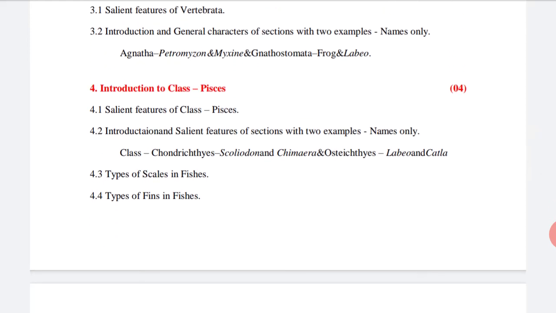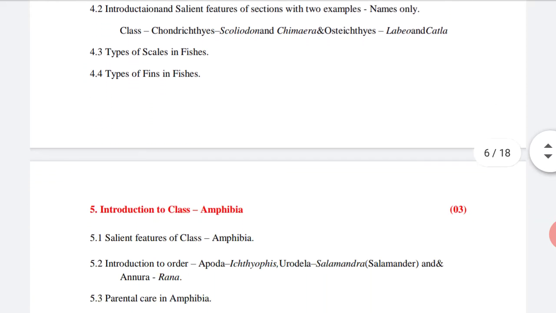In chapter 4, Introduction to Class Pisces, we see salient features of class Pisces, introduction and salient features of sections with two examples: Chondrichthyes and Osteichthyes, types of scales in fishes, and fourth topic is types of fins in fishes.